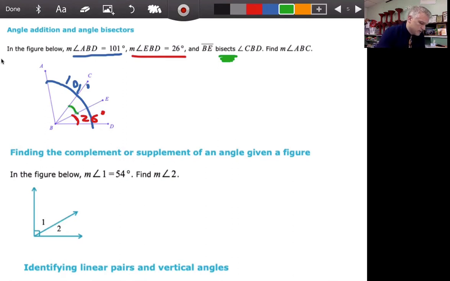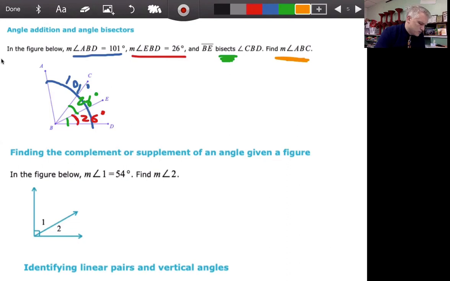So this angle and this angle are congruent. Well, that's kind of important because one of those angles is 26 degrees. So that means that the other angle is 26 degrees. Awesome. So let's find the measure of angle ABC.